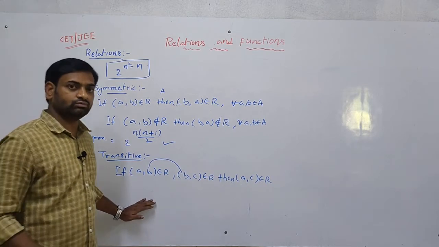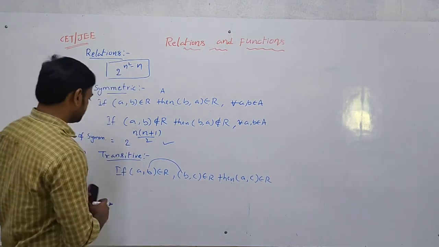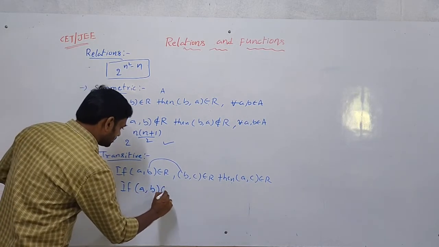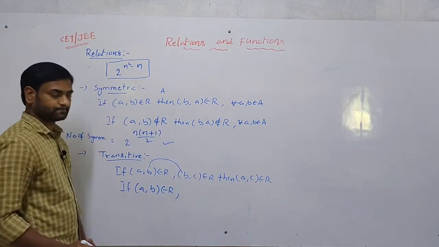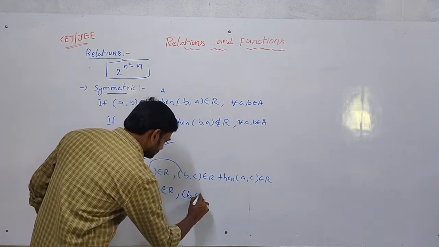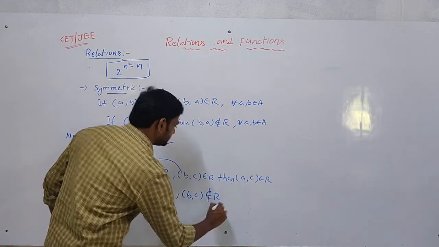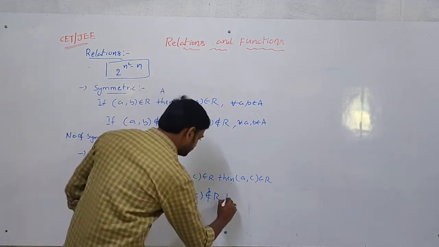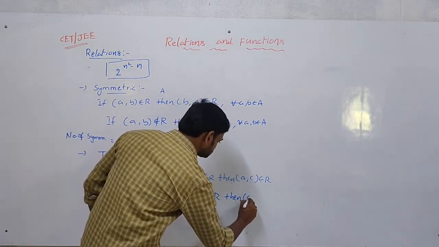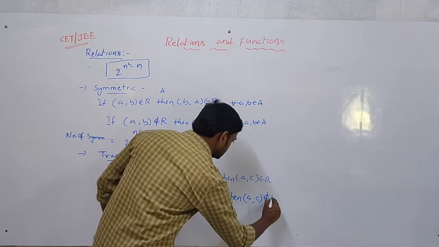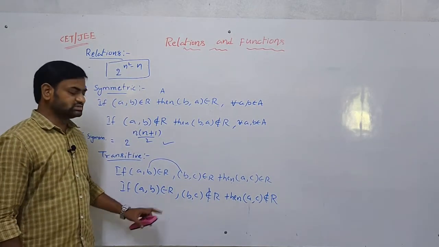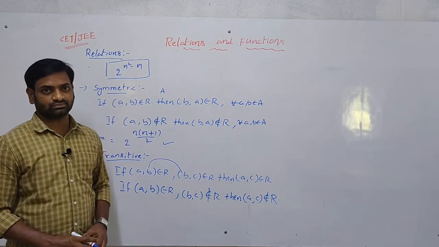To be transitive, one more condition is there. If (A, B) belongs to R, and (B, C) does not belong to R, then (A, C) does not belong to R. In this case also we can say it is transitive.